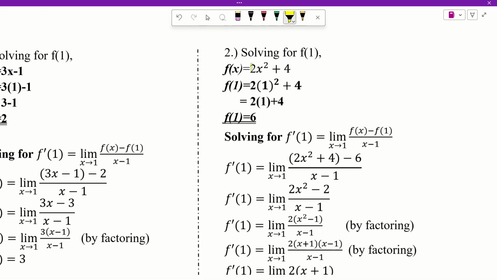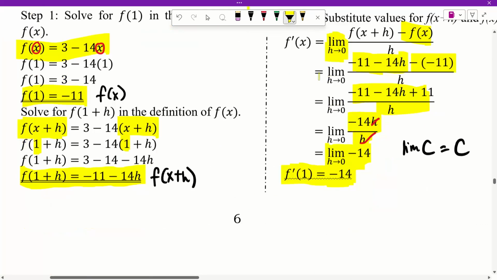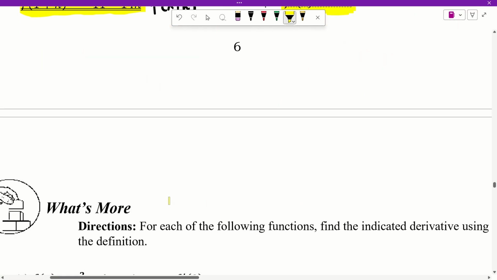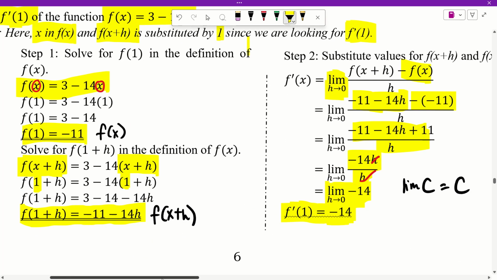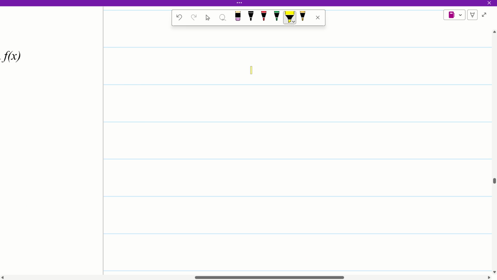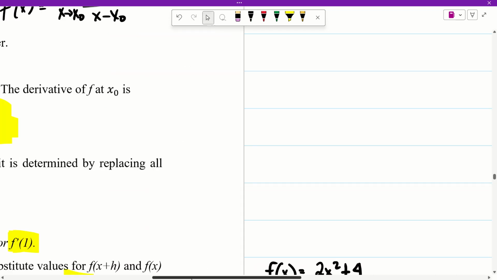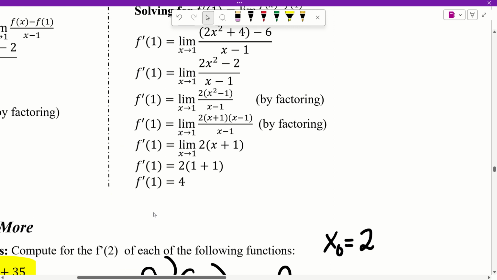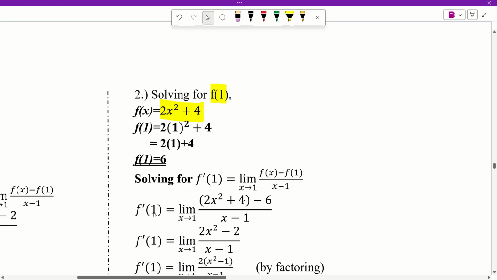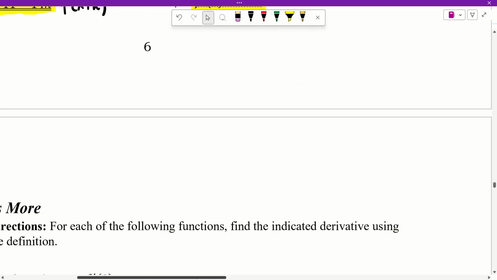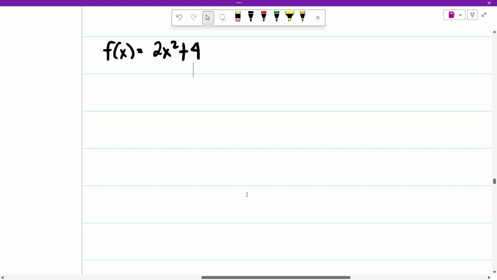We're going to try another example: f of x is 2x squared plus 4, and find the derivative at 1. Let's check if it is correct: 2x squared plus 4.